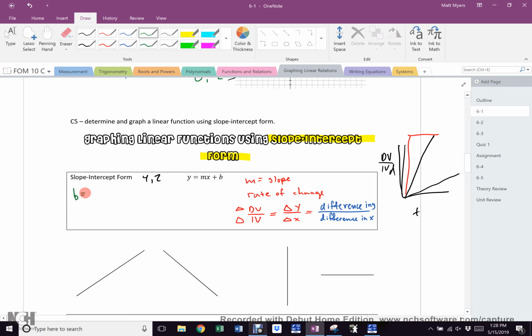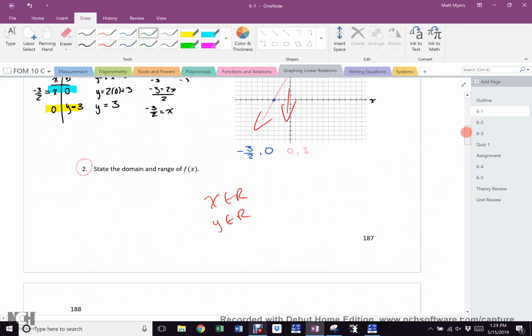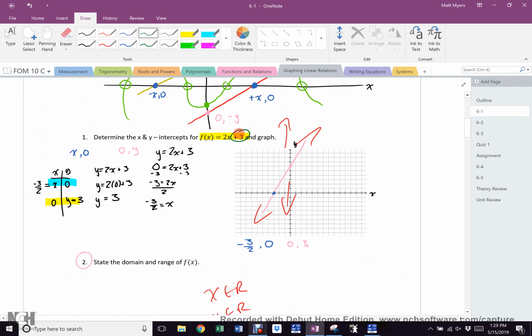B. B, if you look back on the last 2 things we graphed, that's in the B spot, isn't it? Right? B, -2. That's in the B spot, isn't it? 3.